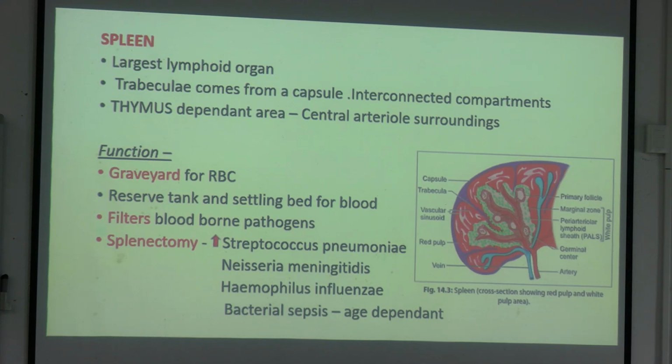What happens if a patient has an abdominal injury, a blunt trauma in the abdomen? Suppose a road traffic accident. So, which is the most common organ that is affected in the upper abdomen? Do you know? Spleen. And if you cannot detect the splenic injury, the patient will succumb to death very soon. Okay?